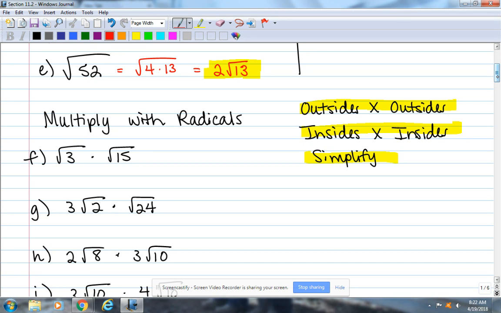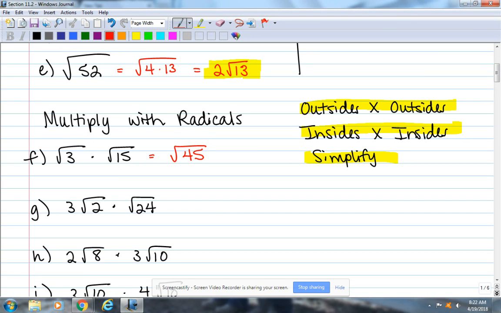So I've got radical 3 times radical 15. They're both inside the radical, right? So I multiply them together, and I keep that answer inside a radical. So radical 3 times radical 15 is radical 45. Are y'all okay with that? And then we simplify that the same way we simplified our first examples.